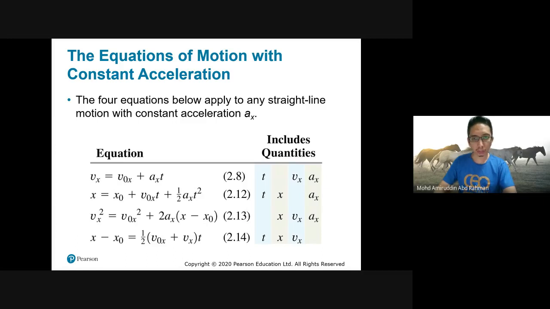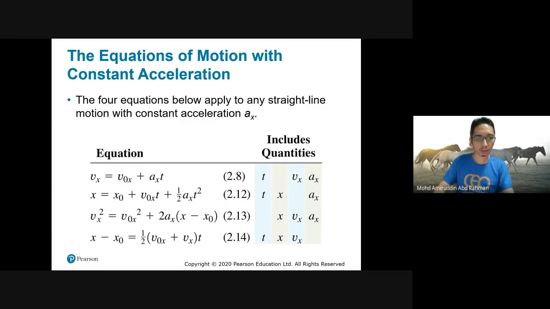So we need to measure the acceleration between V naught x until time t. That's how we define the Vx.